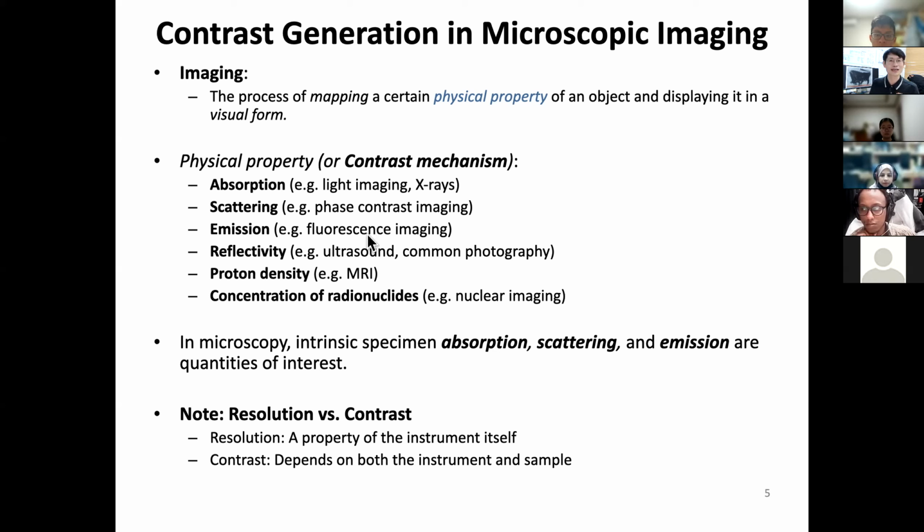Fluorescence is a fascinating one, and the palette of fluorescent proteins gave a Nobel Prize, I think in 2004, to Roger Tsien, and to one in Columbia and the other one from Japan.